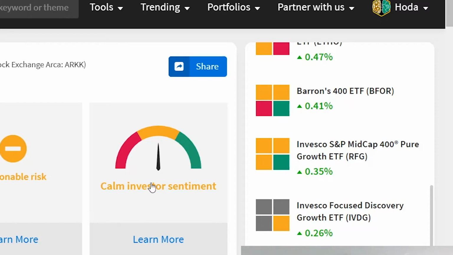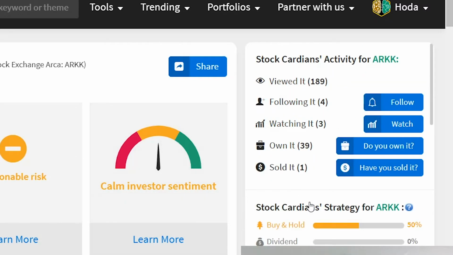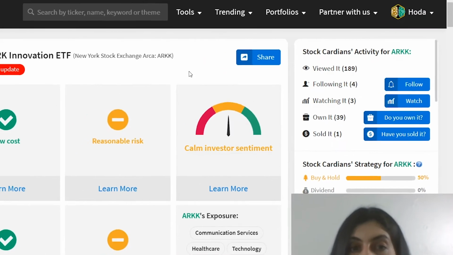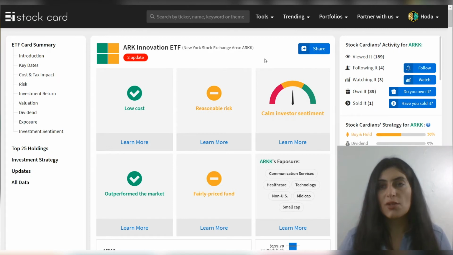All right, now that you kind of got a sense of the general look of ETF cards, let's talk about how you really use an ETF card in your research.